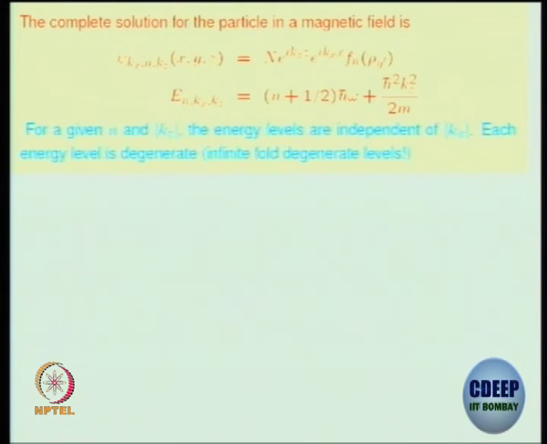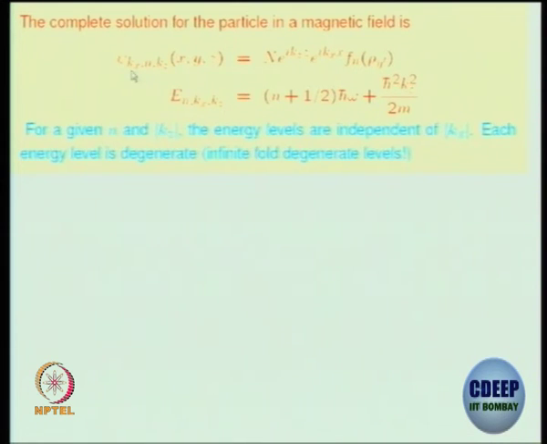We can make an appropriate choice for the vector potential and try to give an ansatz for the separable function. e to the i kz z, z is separated, but then x and y are connected. Okay, so this y prime is actually a function of kx. So this is the total solution.